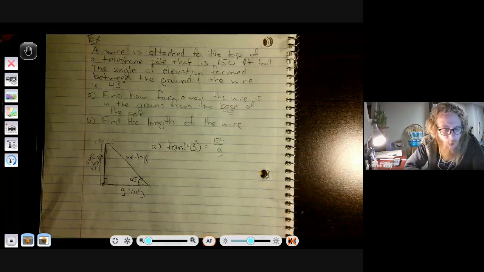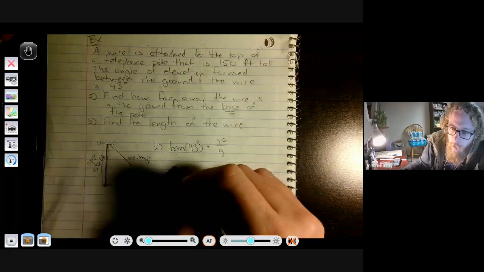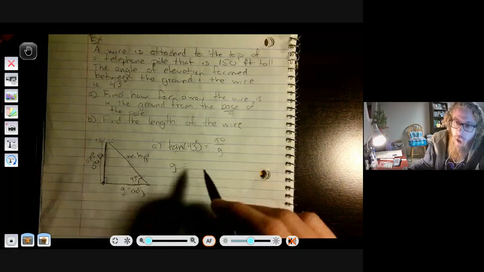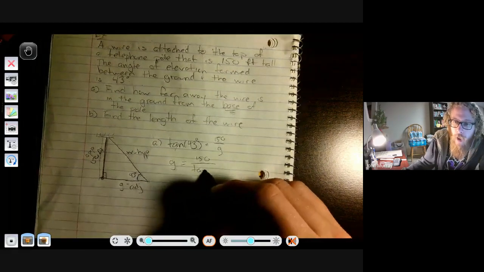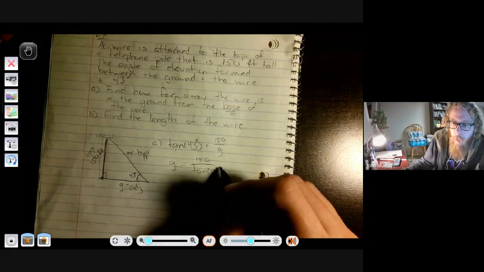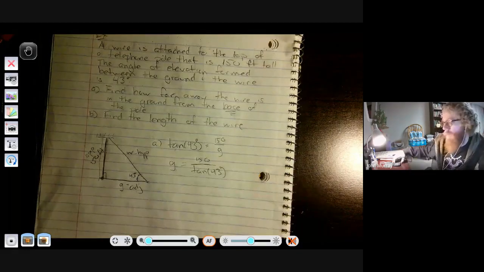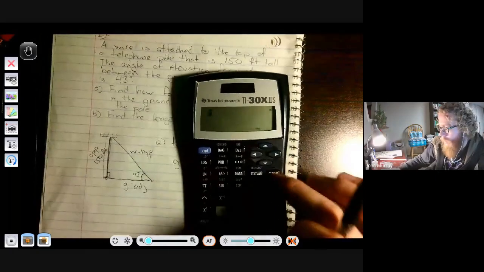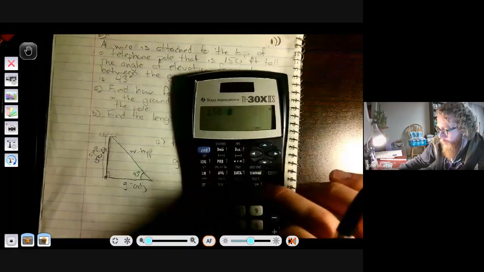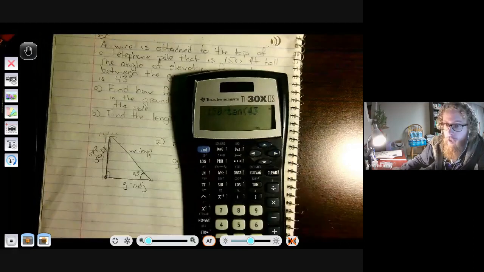Here's an instance where our variable is in the denominator. We can go through those steps, or you can use that trick I told you, and we can swap. So I'm going to move G off to the left side, and now I'm going to have 150 divided by the tangent of 43. So we can type that in: 150 divided by the tangent of 43 degrees.